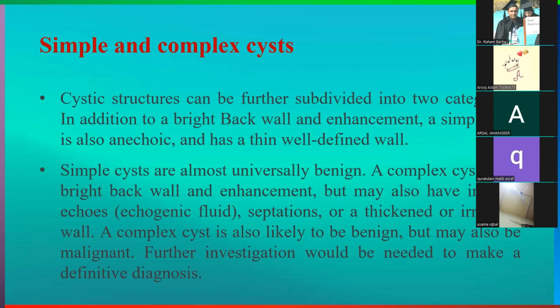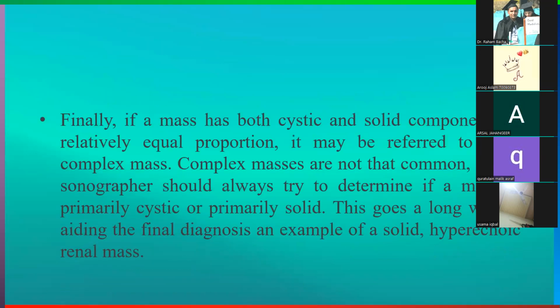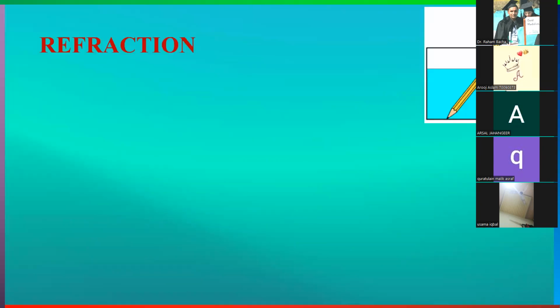For example, a stone in the kidney will appear hyperechoic and render posterior acoustic shadow. But if there is any cystic structure, for example an ovarian cyst, a renal parenchymal cyst, a cyst in the liver, or a normal anatomic structure such as the urinary bladder or gallbladder, these are fluid-filled structures and fluid has low attenuation for the sound waves. That's why it will have posterior acoustic enhancement.